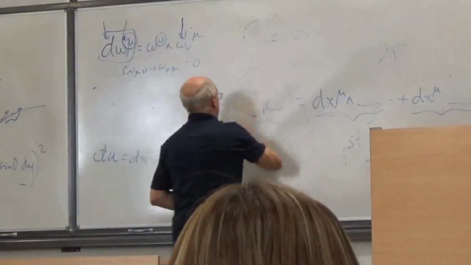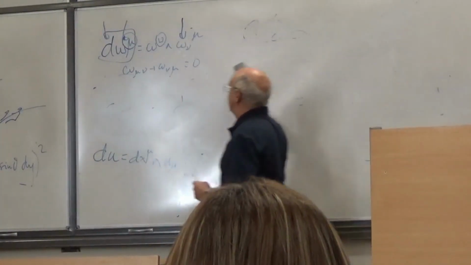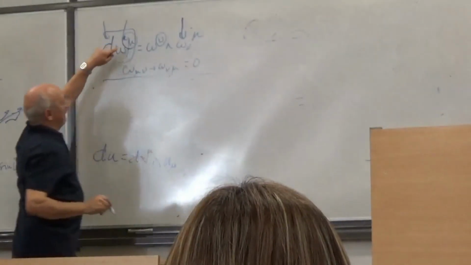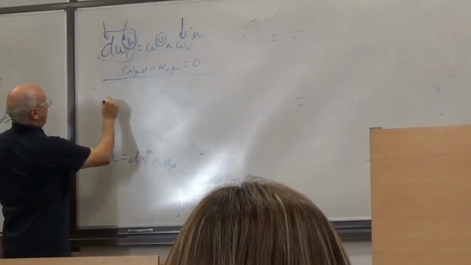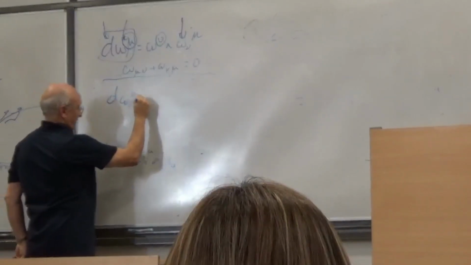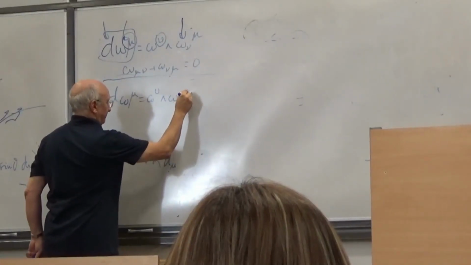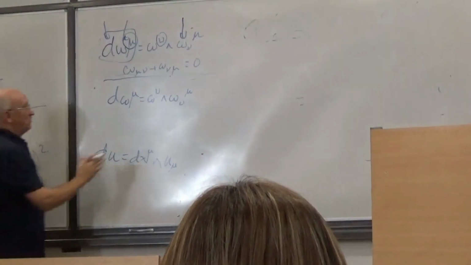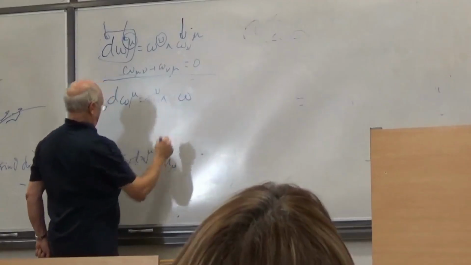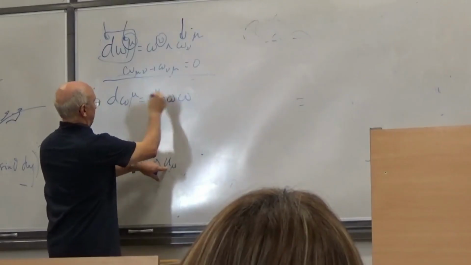Instead of u, I put the omega mu's canonically determined by the metric. Then I will have d omega mu equals omega mu, star omega mu. Okay, instead of u, I have omega, something new.